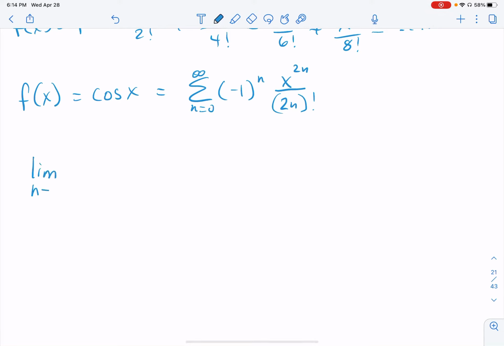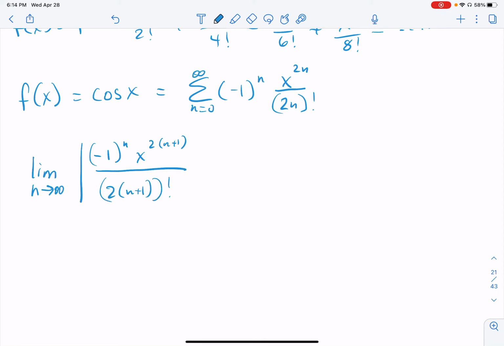Limit as n goes to infinity of the absolute value of the n plus 1th term over the nth term. Negative 1 to the nth, x to the 2, and then I need an n plus 1 on it, over 2 times n plus 1, all of this factorial, right? And then we'll multiply by the reciprocal, which is 2n factorial on the top, over negative 1 to the nth, and x to the 2n.